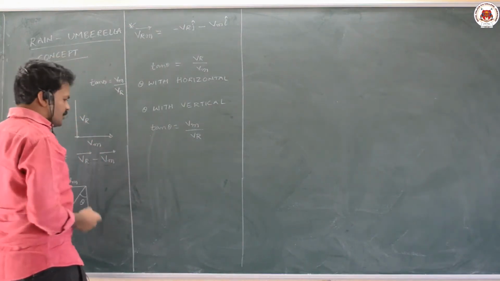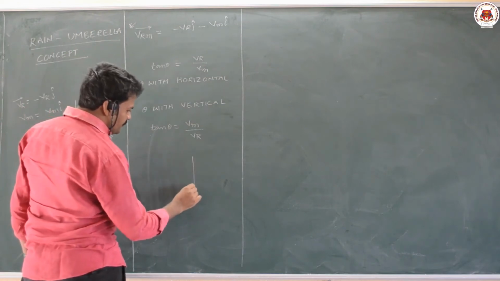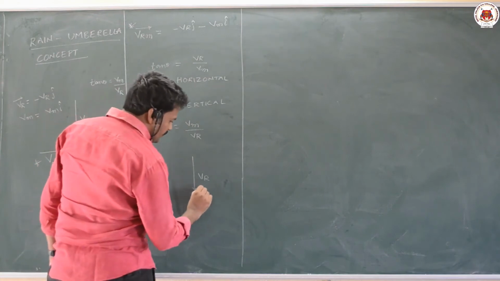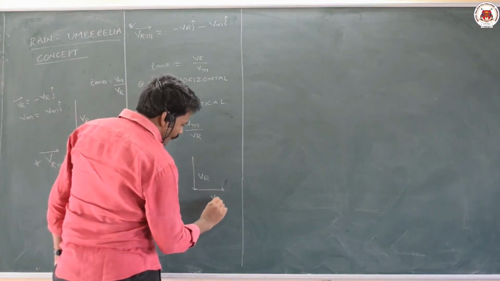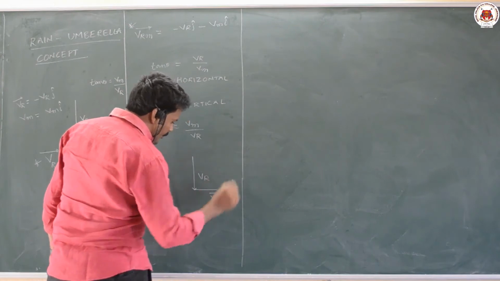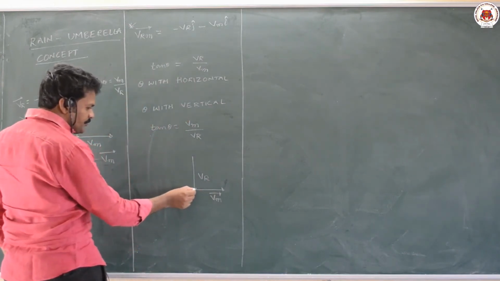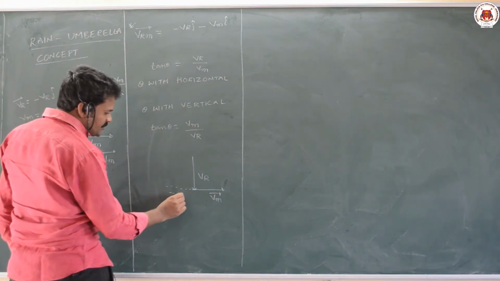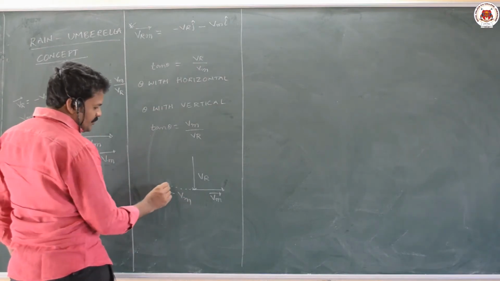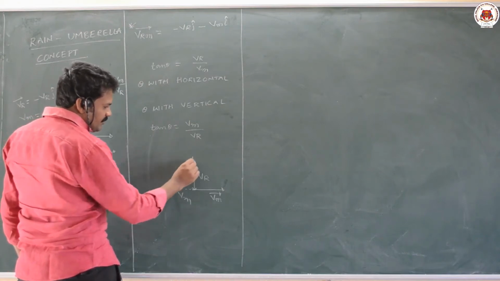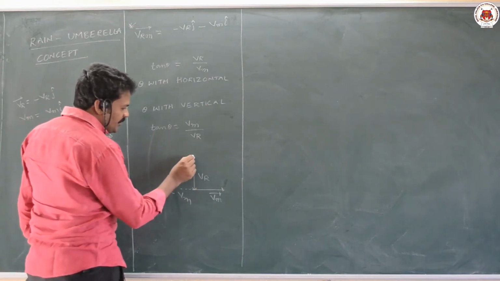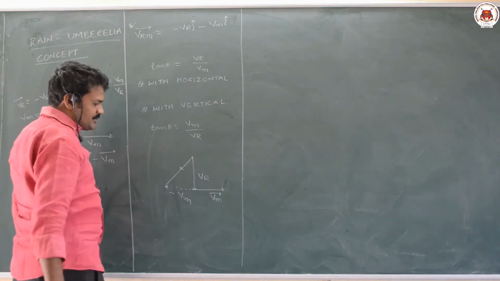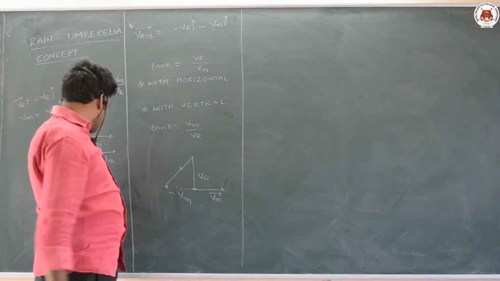Or you can use a triangle also. This is the velocity of rain, this is the velocity of man, you take minus Vm, this is one side, this is the second, and the closing side taken in reverse direction means the rain will fall in this direction to you.